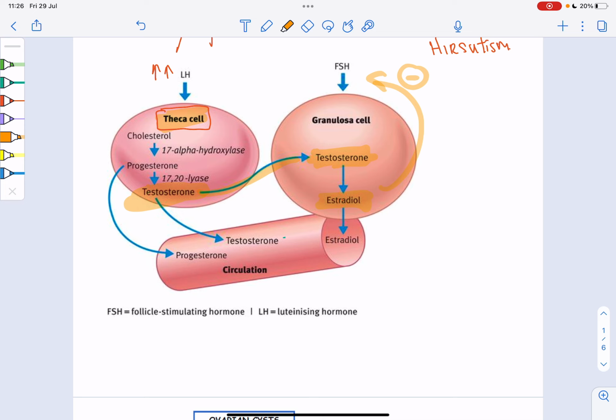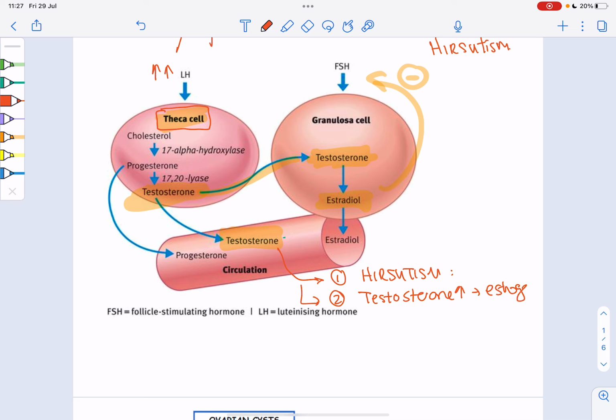But the testosterone can also go into the bloodstream, and as testosterone accumulates in the bloodstream, two things can happen. One, hirsutism, because testosterone is an androgenic hormone. Two, when you have an excess of testosterone, it can be converted into estrogen too.